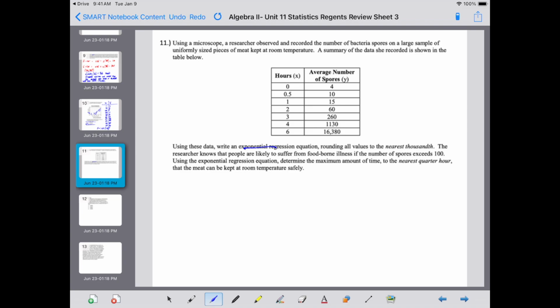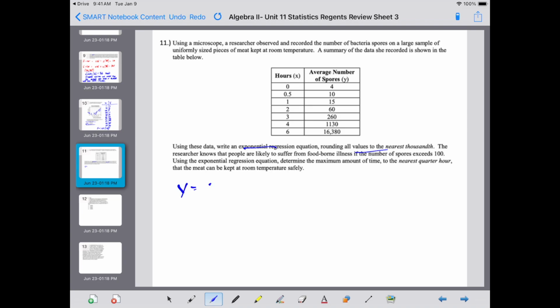Enter 0, 0.5, 1, 2, 3, 4, 6, 10, 15, 60, 260, 1,130, and 16,380. Go to stat, calc, ExpReg. L1 is the xlist, the ylist is L2. Calculate, and it says to round all the values to the nearest thousandth.